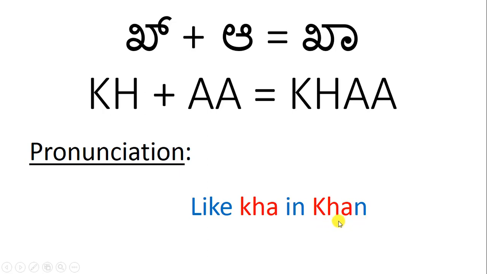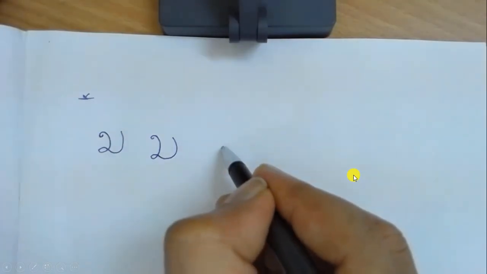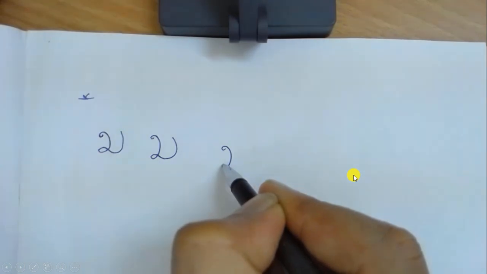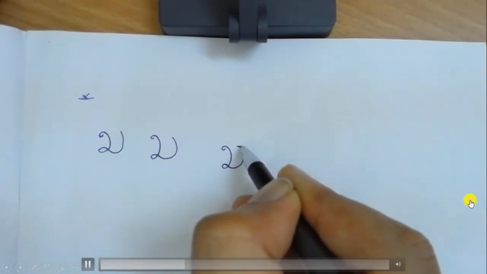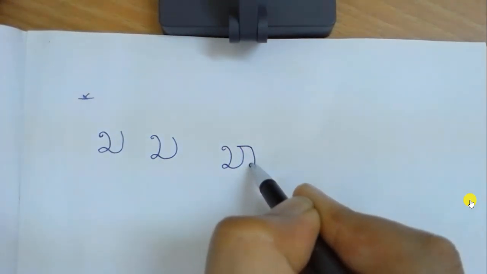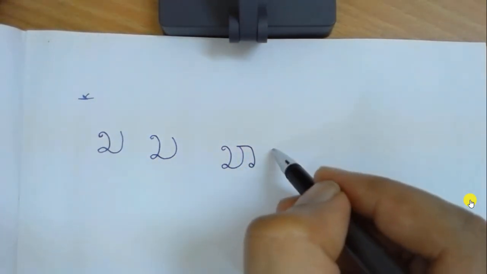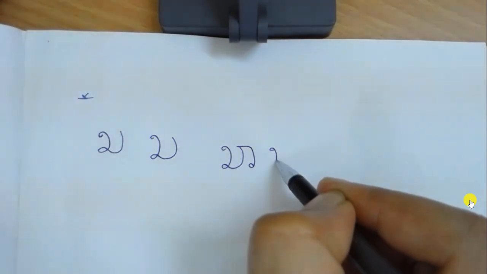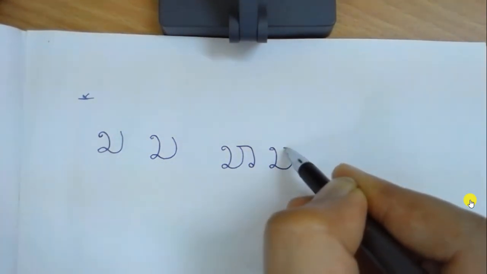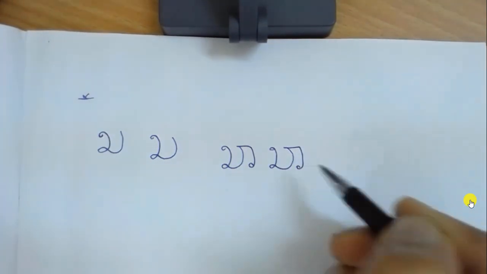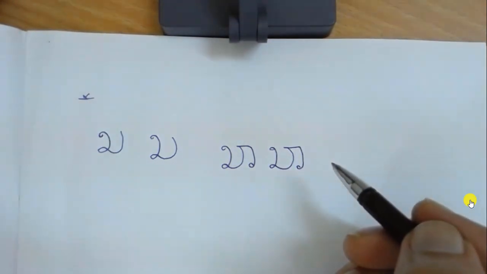Now let us see how to write it. We write Kha like this. Once again, Kha. Yes, so that is how we write it.